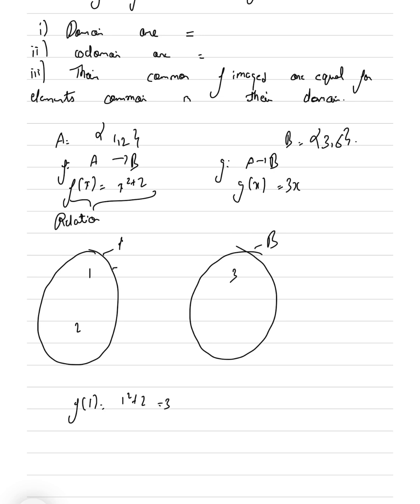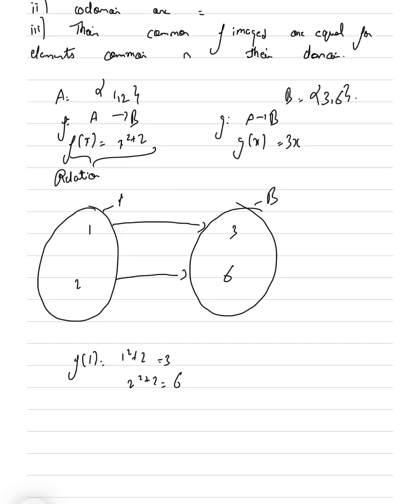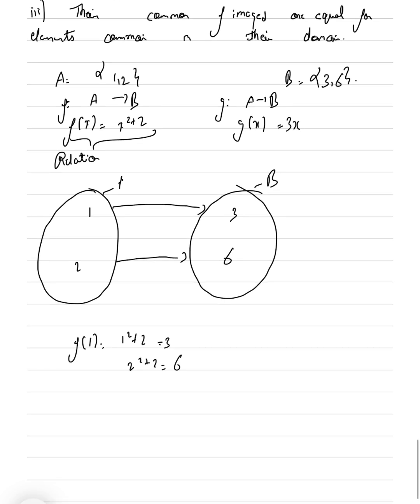So the first element 1 is associated with 3. Now the second element 2: 2 square plus 2 equals 6, so it is associated with 6. This is how we interpret the definition of a function associating two sets.